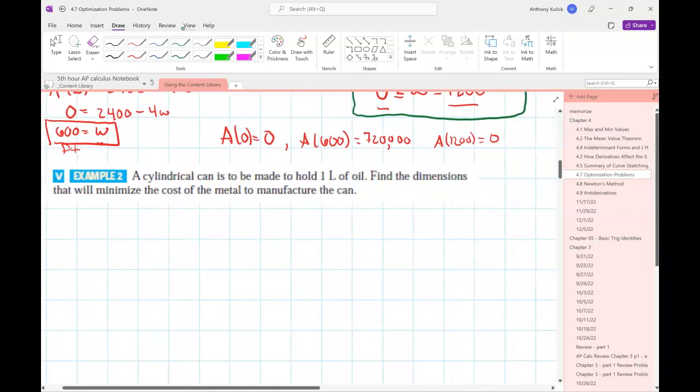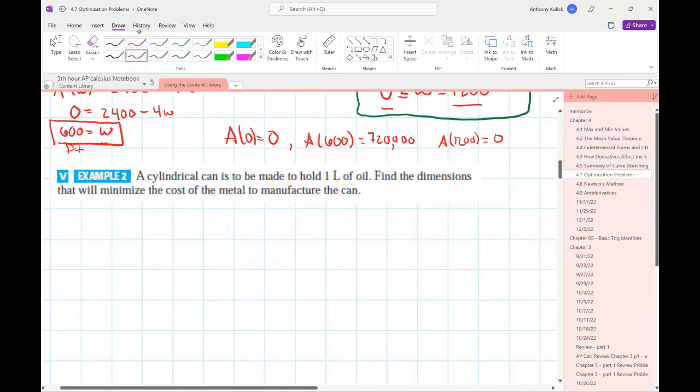All right, next up. So a cylindrical can is to be made to hold 1 liter of oil. Find the dimensions that will minimize the cost of the metal to manufacture the can.